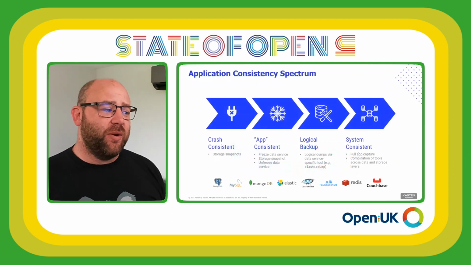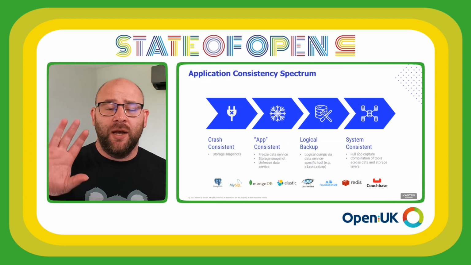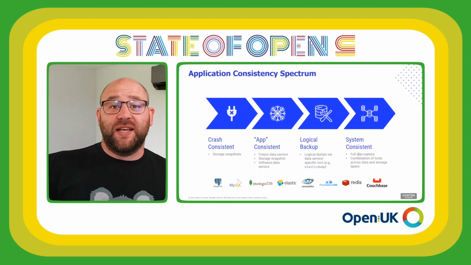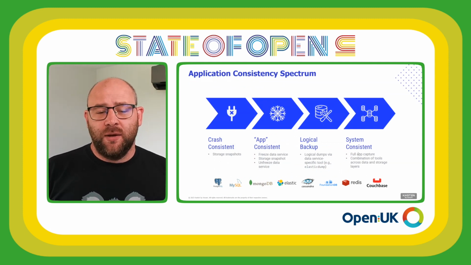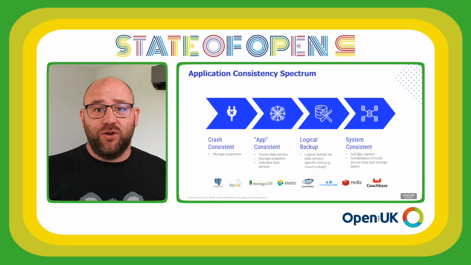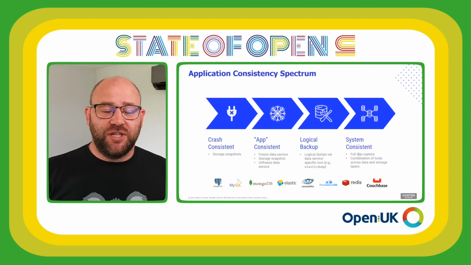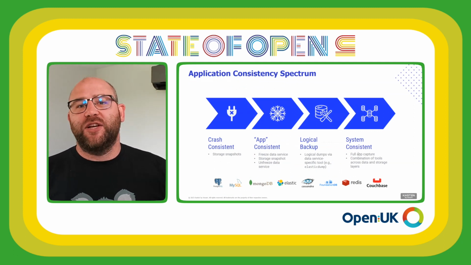So in theory, we could leverage storage snapshots, and we could just say, Mr. Storage Provider or Mrs. Storage Provider, I want to take a snapshot of my volume that is presented to my Kubernetes cluster. And that storage snapshot might be good enough, depending on what the application is. But remember, that storage snapshot is 9 times out of 10 not going to be aware of the application that is being used.